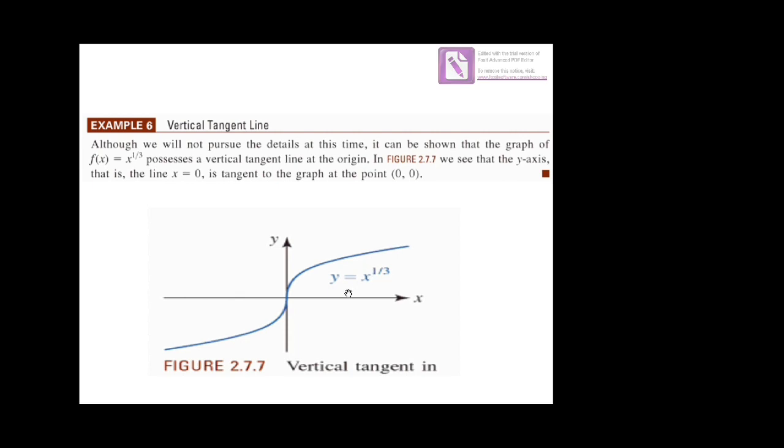And the case is y is equal x power 1 over 3 at the point (0, 0), because this graph has a vertical tangent line at the point 0. يعني الفانكشن y is equal x 1 over 3 عند النقطة 0 0 نشوف إنه التانجنت لاين عبارة عن اللي هو ال y axis، ال x تساوي 0.